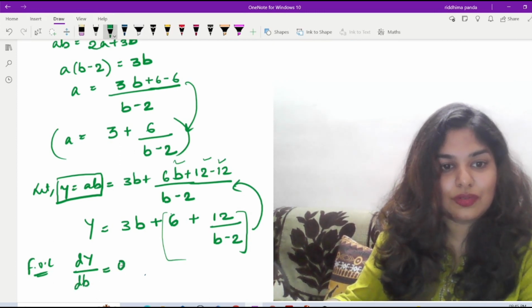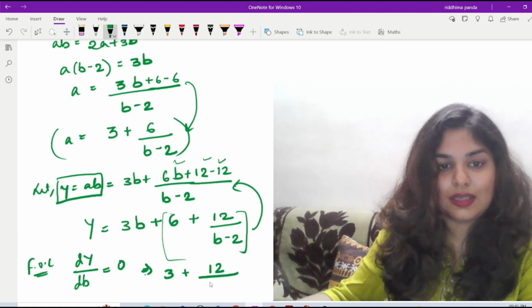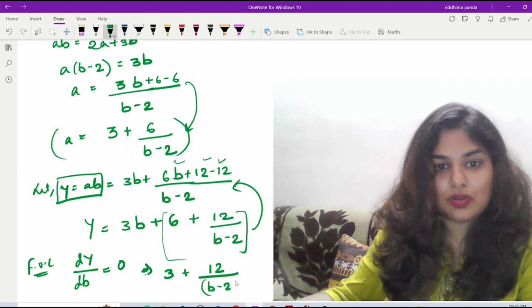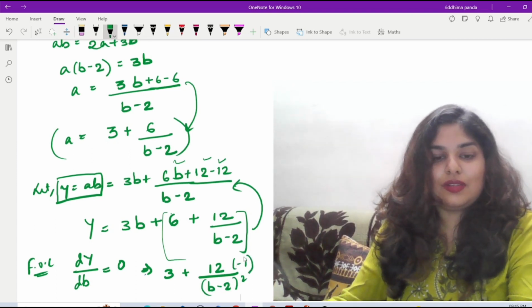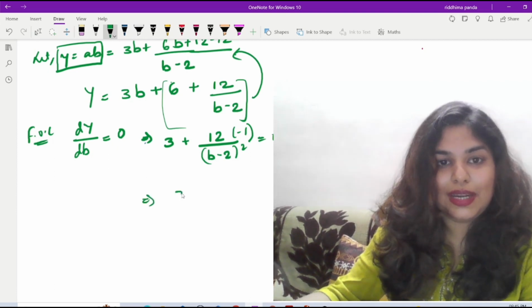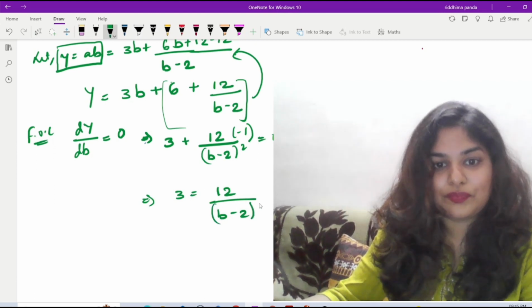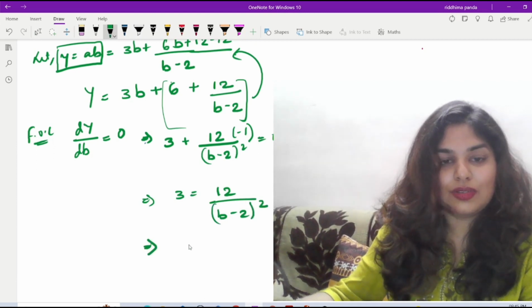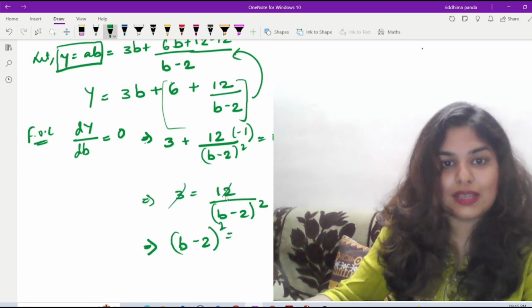That is 3 plus 12 by b minus 2 whole square, and here we will have minus 1. Now this is equal to 0. So from here you get 3 is equal to 12 by b minus 2 whole square. So that is b minus 2 whole square is equal to, so this gets cancelled, this is 4.